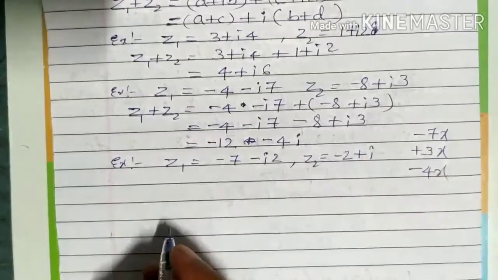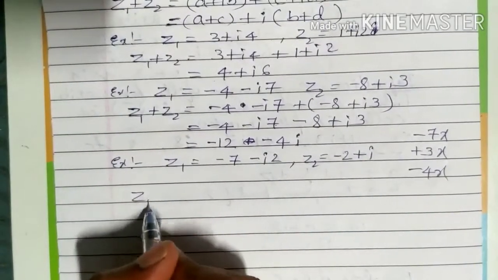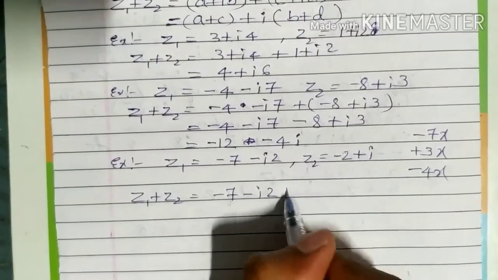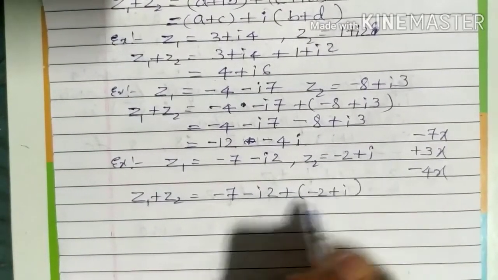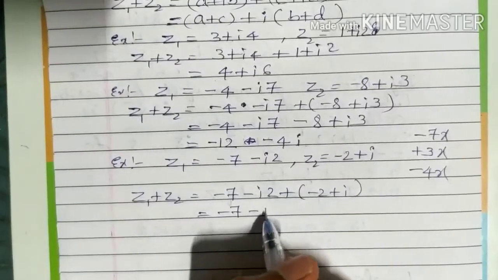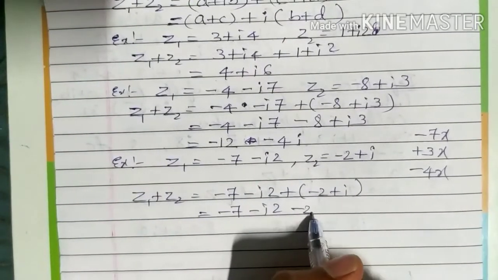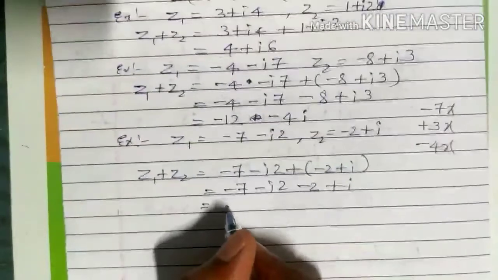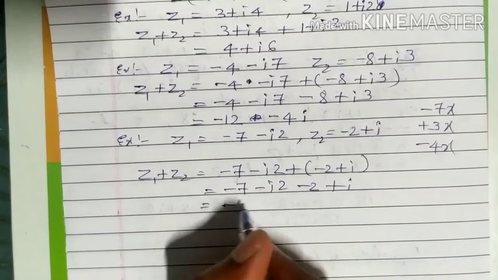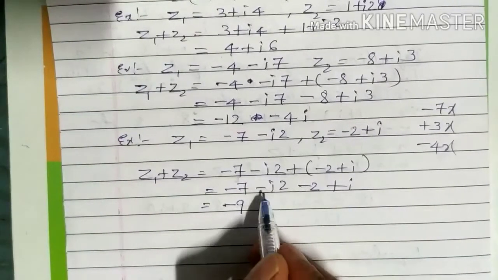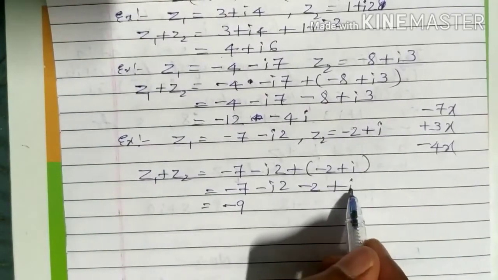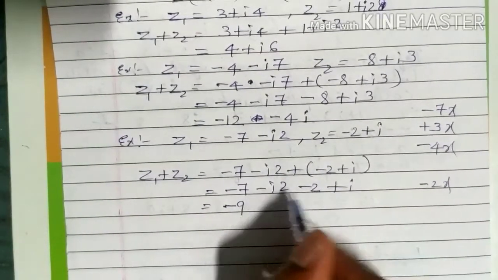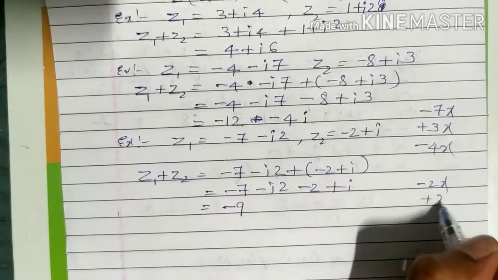So z1 plus z2 is equal to minus 7 minus i2 plus minus 2 plus i, minus 7 minus i2 plus, into minus 2 plus, into plus i, that is equal to minus 7 minus 2, minus 9, and here minus 2i plus nothing means 1, plus 1i, like minus 2x and plus 1x, right?